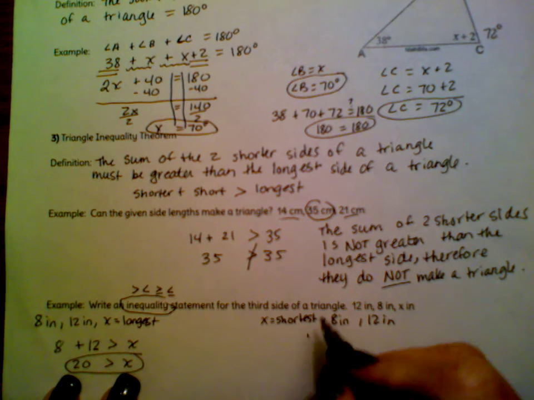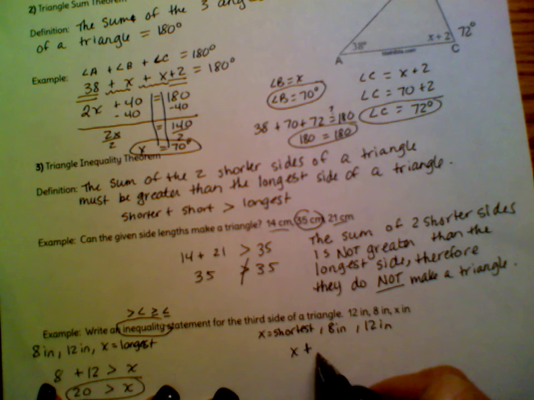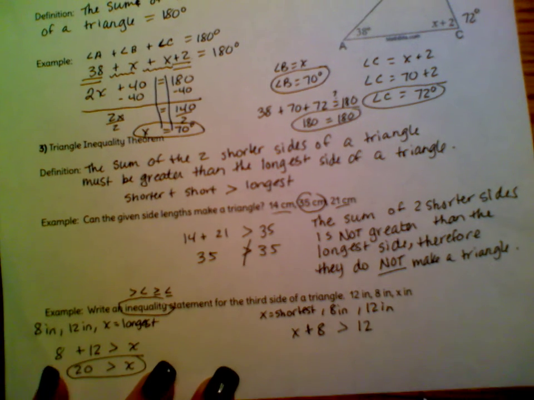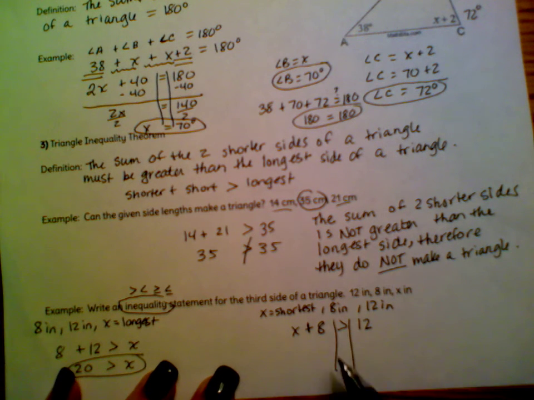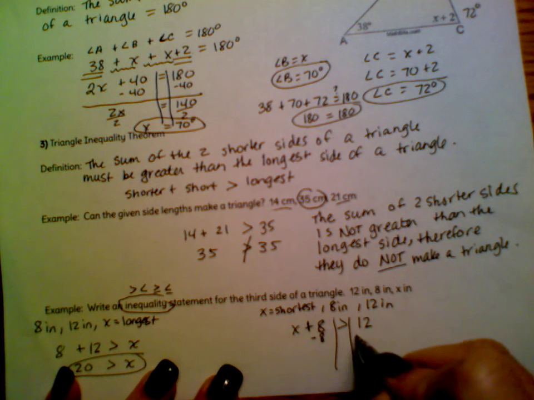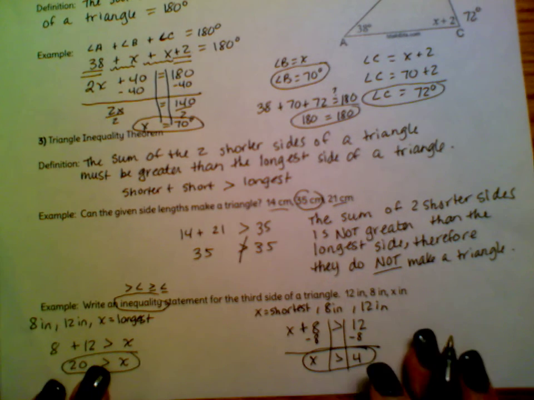The sum of the two shorter sides, that means X and 8, must be greater than the longest. Well, now I have to remember what we did in chapter 7 when we solved inequalities. Subtract 8 from both sides. And I get X has to be greater than 4. Okay, these are the requirements.